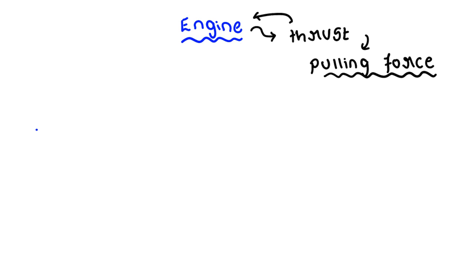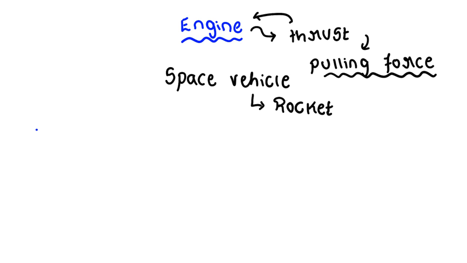right? So in the same way, to place any object in the satellite, we need the space vehicle. Clear? The space vehicle is called the rocket. Often when we see cars or bikes, it generally goes on the road, means it has to be applied on the road, right?